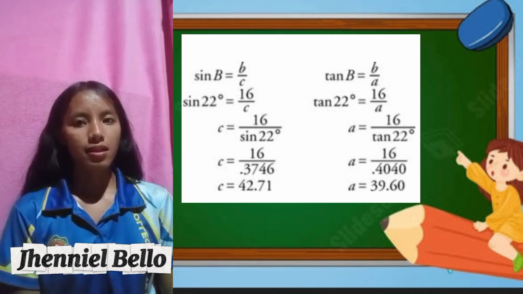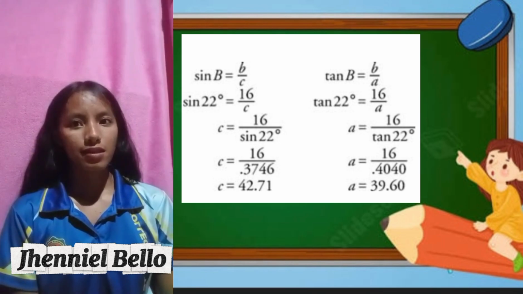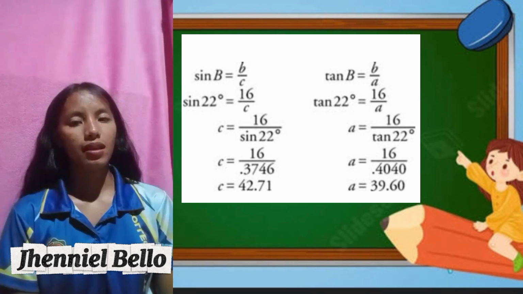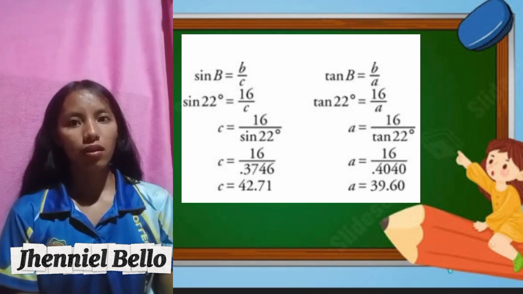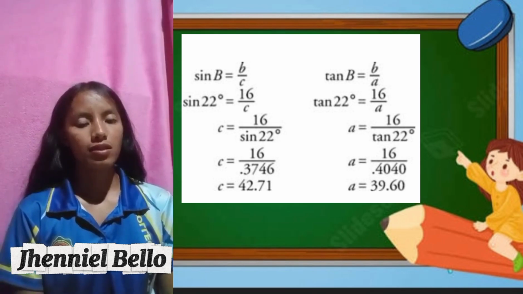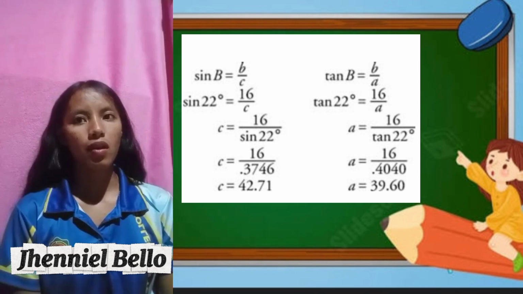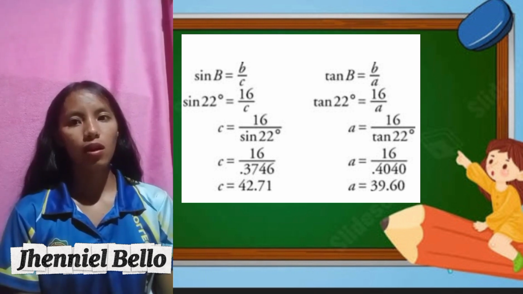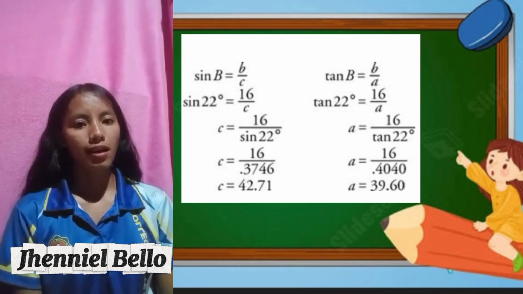Then sin 22 degrees is 0.3746, so we divide 16 by 0.3746, which is equal to 42.71. So c is 42.71.